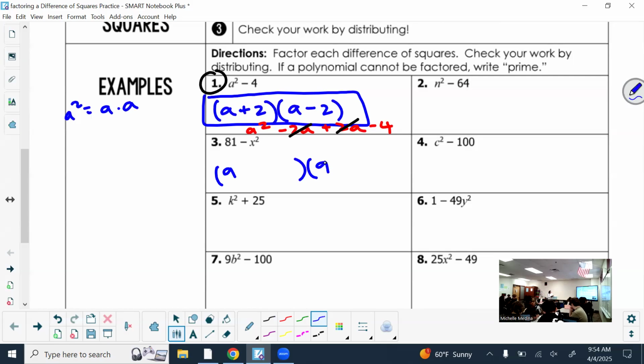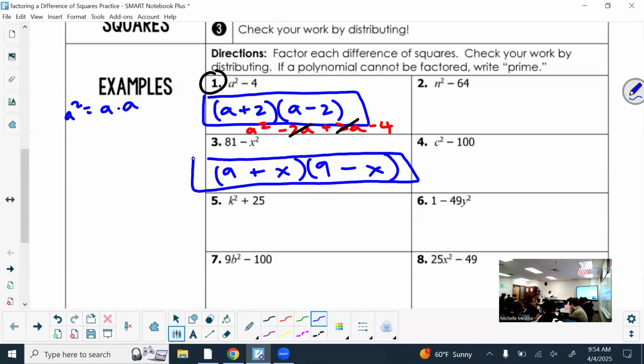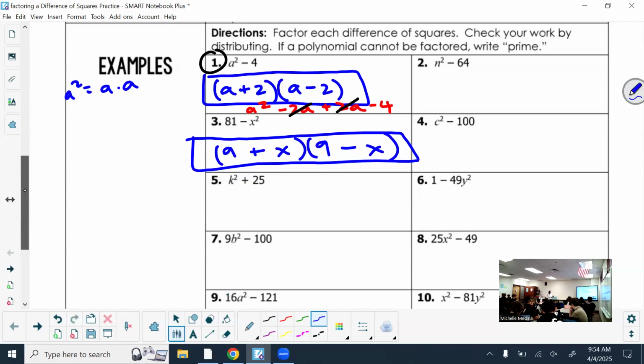And that's a 9, not an a. What's the square root of x squared? So then we can use the difference of squares rule, which says that the factor form is like that. We're going to do 5 next, if you have questions.